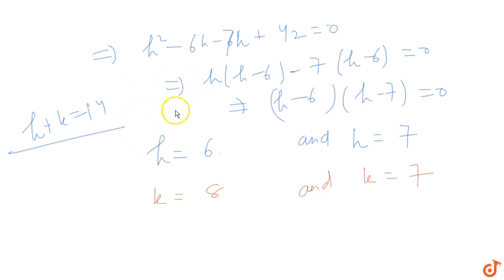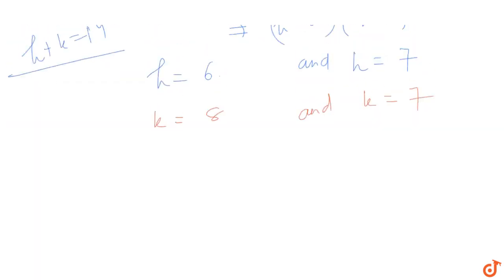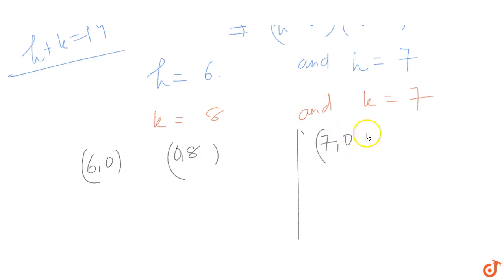So we will get two equations of lines. From here we will get the points (6, 0) and (0, 8), and from here we will get (7, 0) and (0, 7), isn't it?